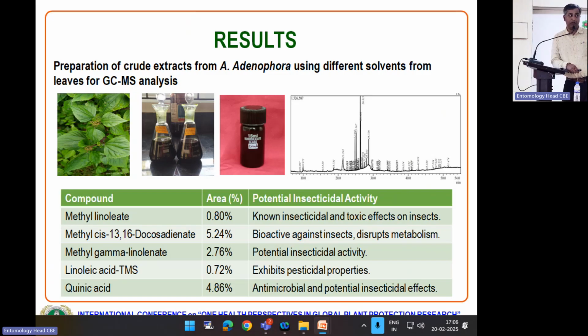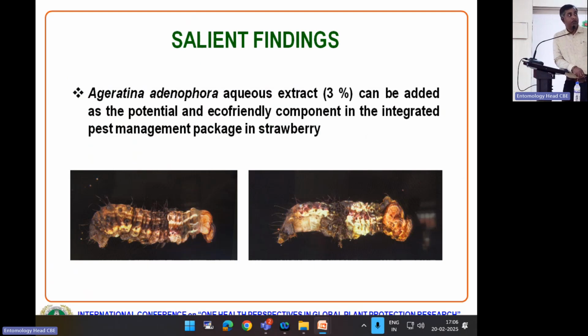It is bioactive against insects and disrupts the metabolism. These 5 molecules have the potential for further studies and for the development of new molecules. So the salient finding or conclusion of this study is that the Ageratina adenophora aqueous extract at 3% can be added as a potential and eco-friendly component for the integrated pest management package in strawberry.